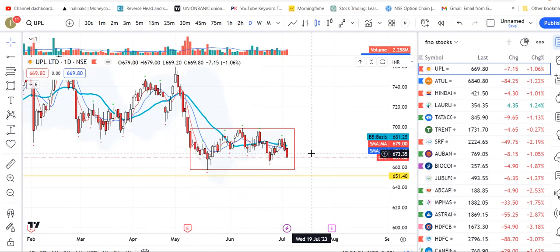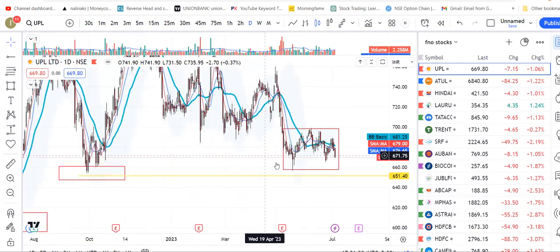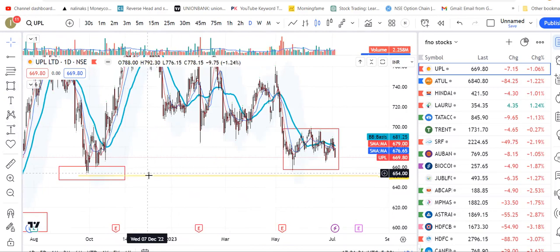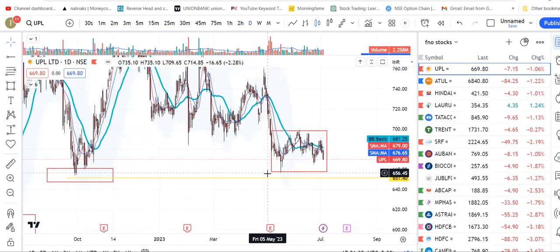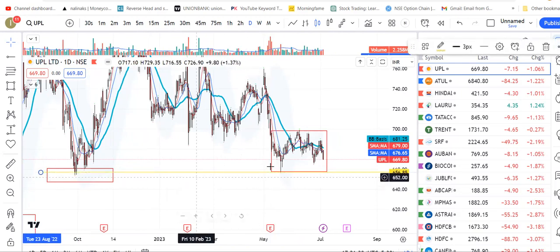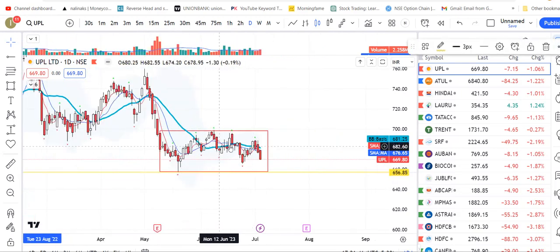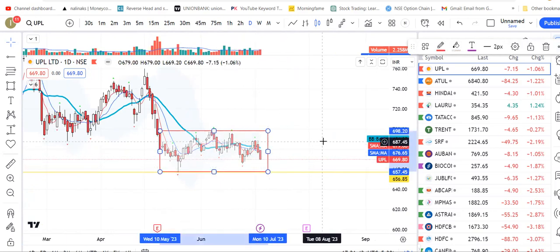That is the thing which suggests that price is undergoing range formation. Sometimes it may have a false breakout to this level. Already it has touched this level. You can see over here, yes, it has touched this level and it is maybe retesting probably.